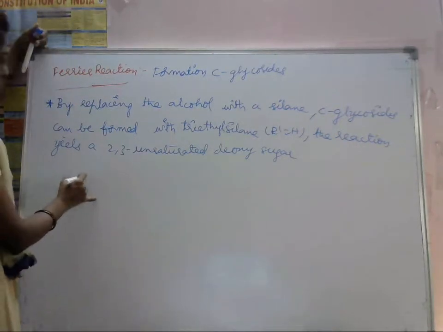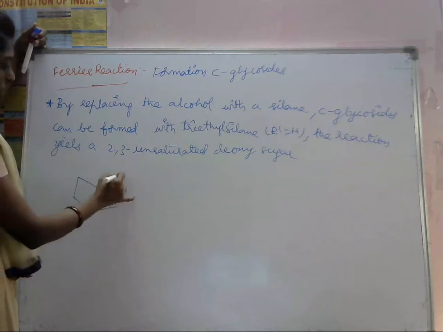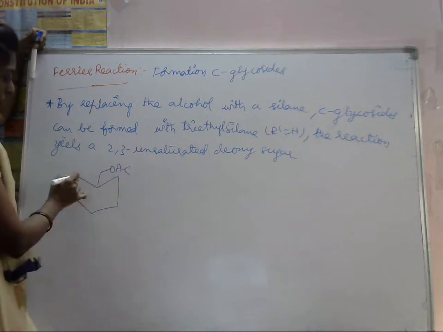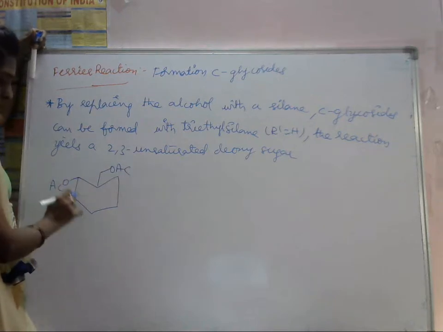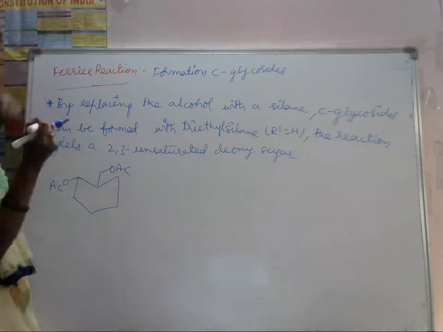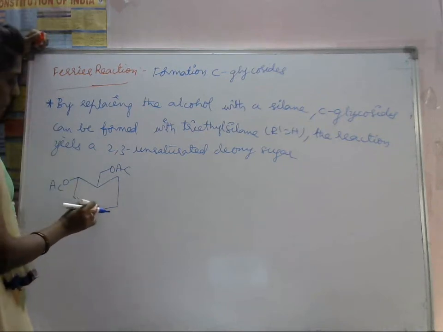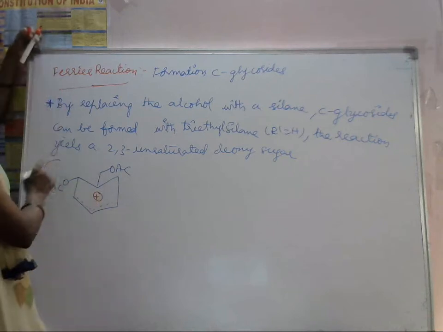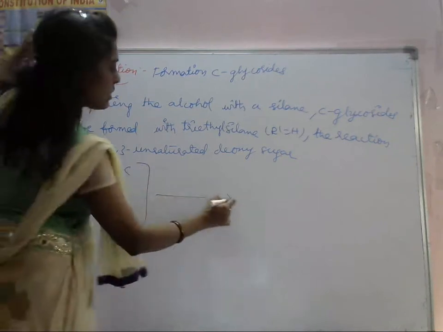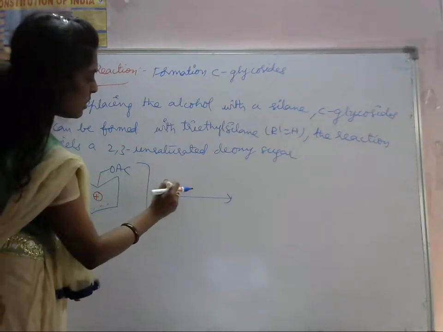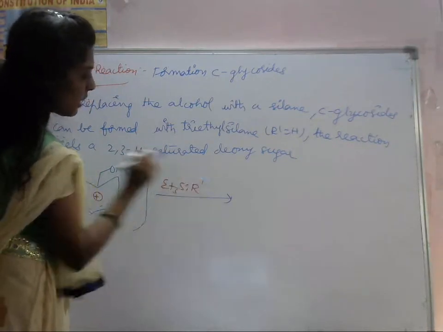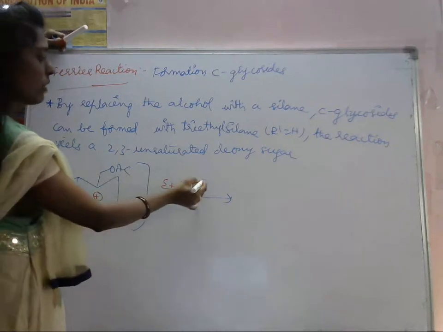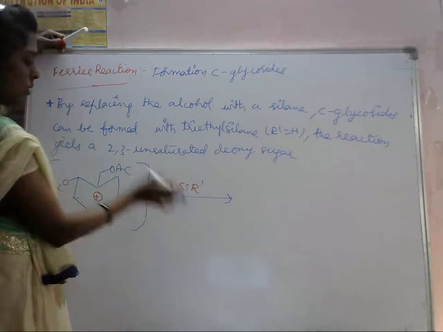Let's see this example. You know very well, just now I explained how we have to write this, OAc. If it is treated with triethylsilane alkyl, it will remove this group.